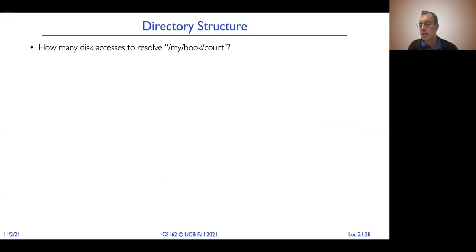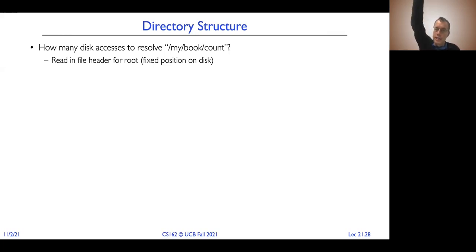So just to give you a sense of the overhead involved, let's assume that we want to resolve the path to get the I number of the file count, and then access the file count. What do we need to do here? First of all, we need to locate the root of the directory, to start searching from somewhere. How do we do that?